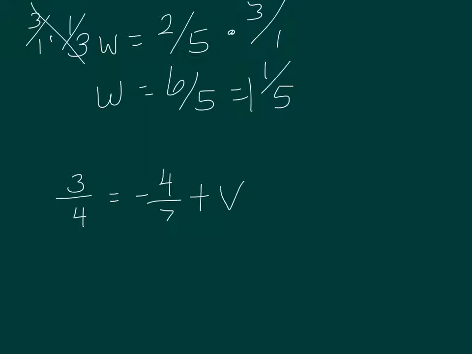We need to get rid of the single number negative 4/7. Well, it's a negative, so let's do the opposite. Plus 4/7 to both sides. Oops.